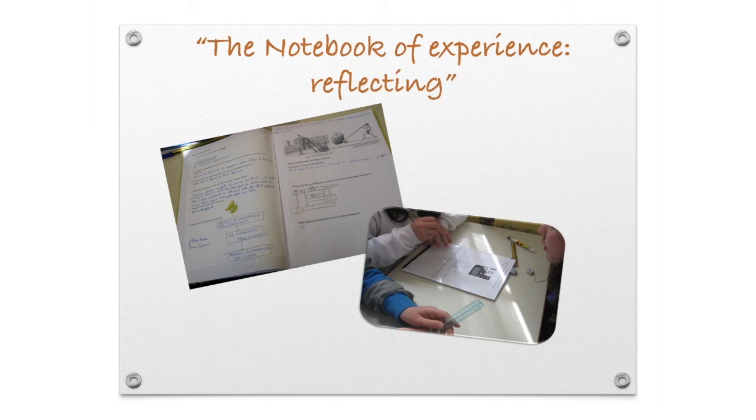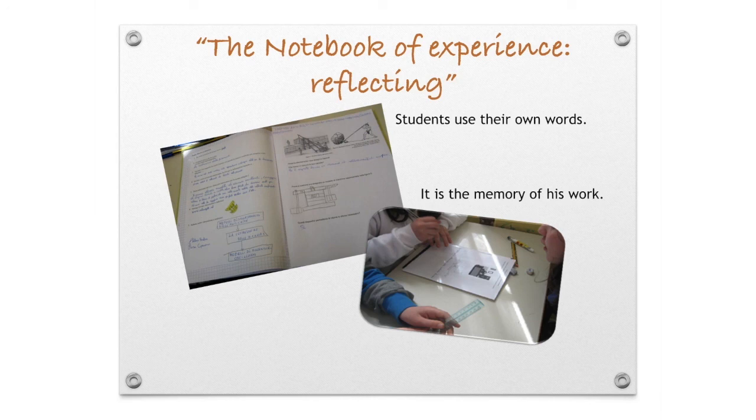So, to draw some conclusions, the notebook of experience is very useful for the reflecting phase of the students, because they can use their own words to write down the experimental part, and so they can reflect on it. In addition, it represents the memory of this work.